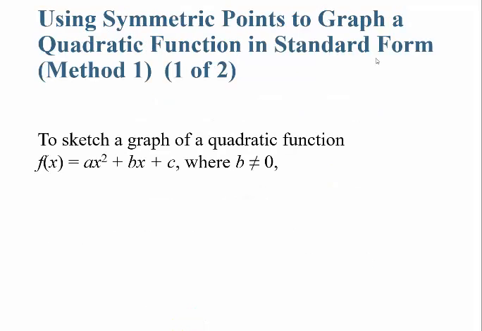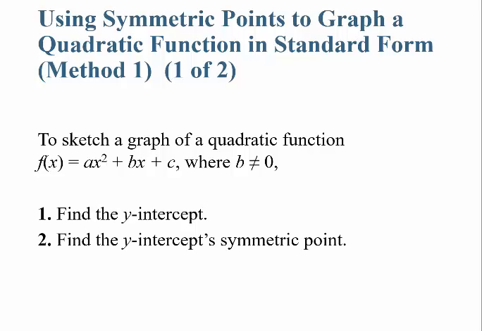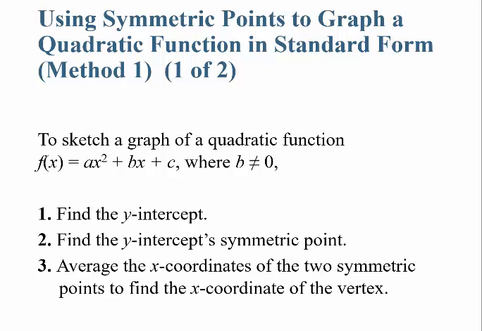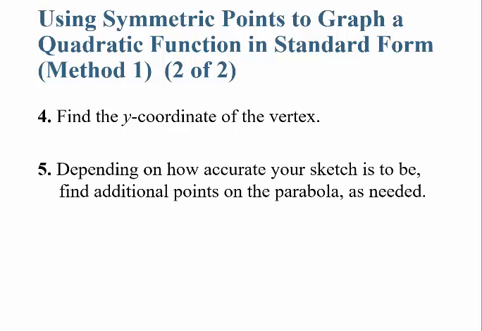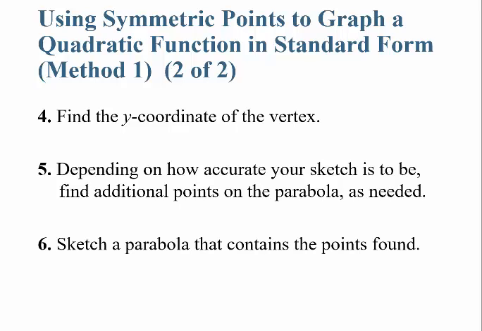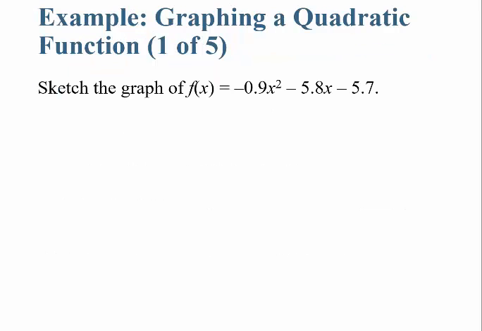So to sketch the graph of a quadratic function, find the y-intercept, find its symmetric point, average the x-coordinates of the two symmetric points to find the x-coordinate of the vertex, and find the y-coordinate of the vertex. Depending on how accurate your sketch needs to be, you might need additional points, but generally those three are fine. Then sketch a parabola that contains all the points you found.